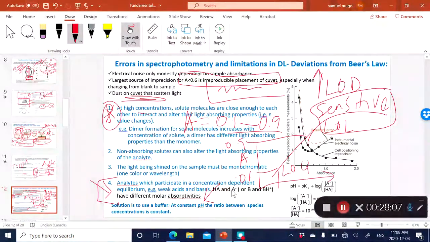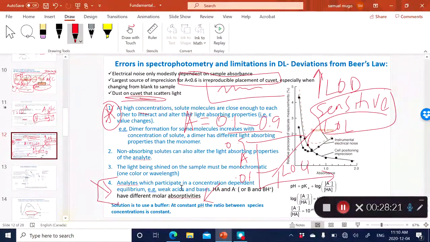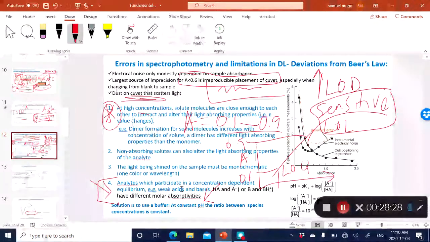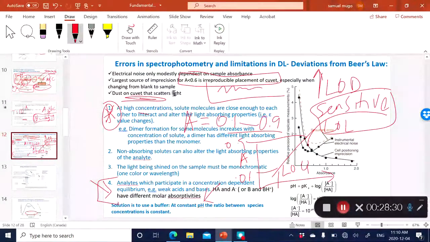Because remember, acids and their conjugate bases have different molar absorptivities. That's why you can't really use it without buffering the system. So that's the solution: to buffer. If I was analyzing aspirin, dextromethorphan, ibuprofen, and so on using a spectrometer, then I should always add a buffer.